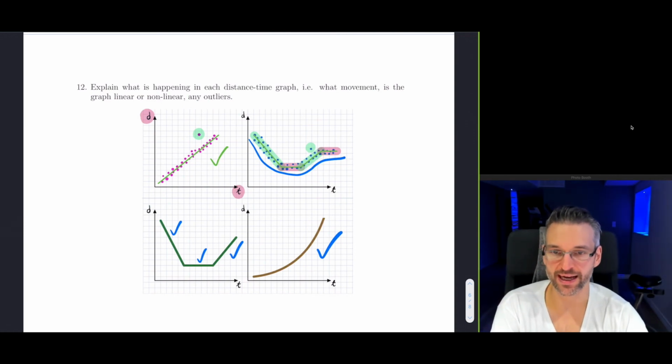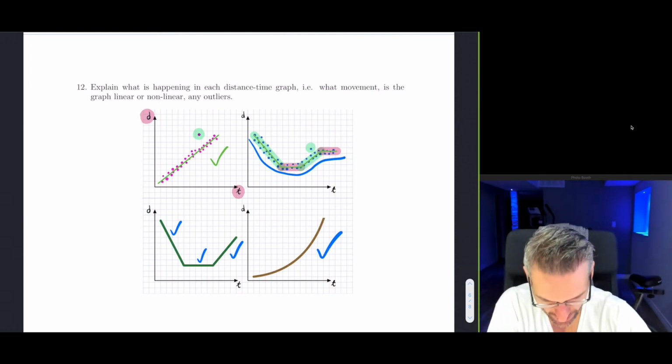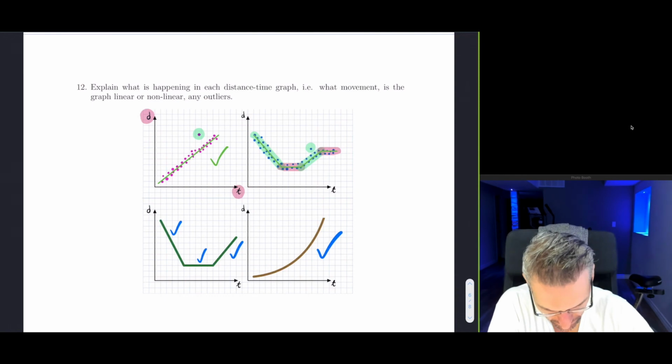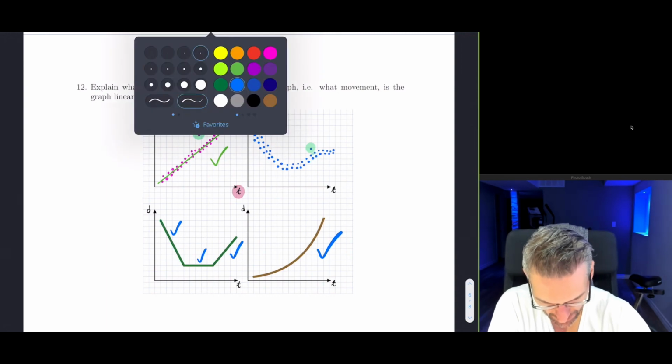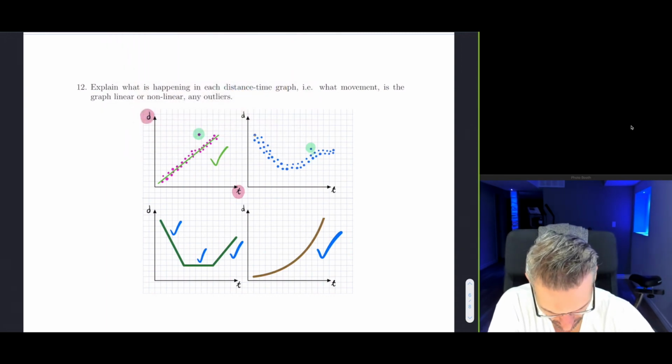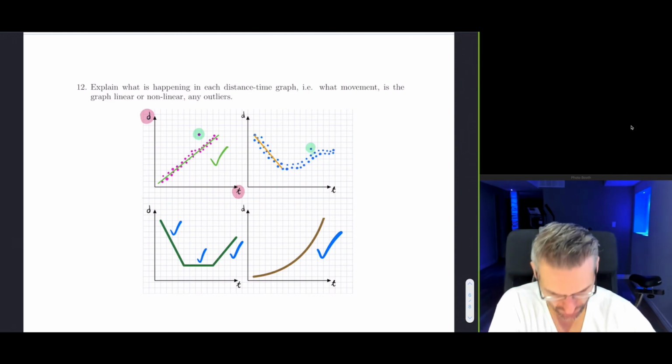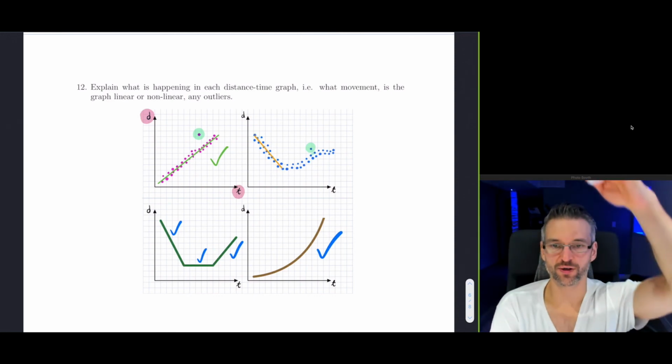In the second graph, in terms of the movement there, let me remove this thing. In the first piece, right here, it looks like we are coming down, so here our distance is coming down at a steady pace.